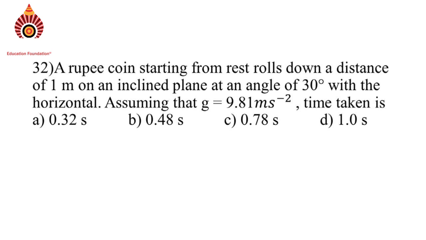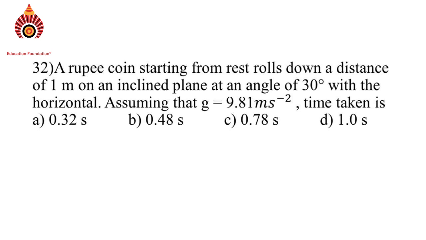That is equal to 2 into 1 is 2, divided by g into sin 30, which is half, into 1 plus 1 by 2. So t is equal to the square root of 2 into 2, which is 4, divided by 9.81 into 3 by 2, which is 2 times 2 into 3, 6.